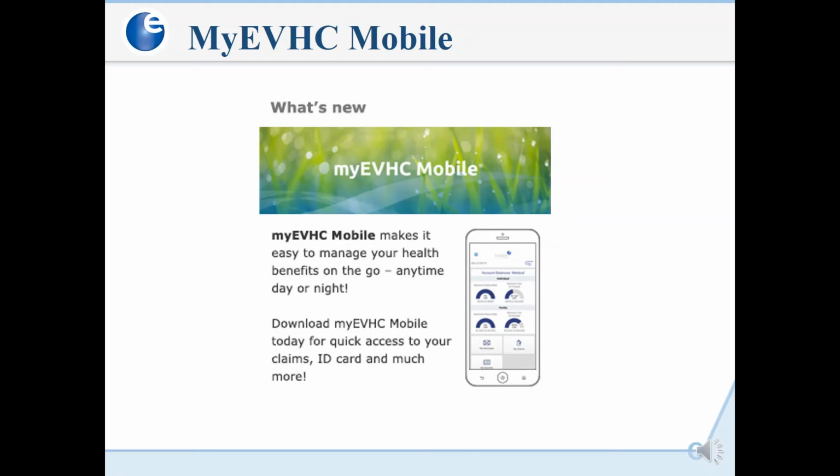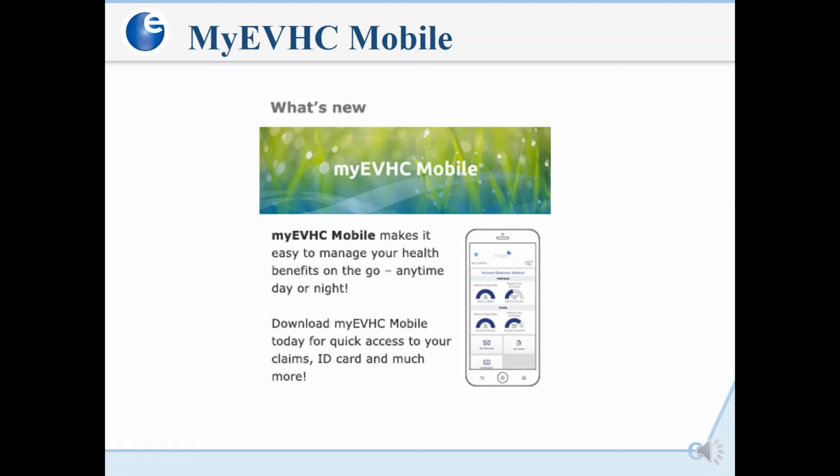Evolution Healthcare also has a mobile app for all iPhones and Androids. Simply go to the App Store and type in MyEVHC Mobile and look for the Evolution logo. Download the app, and if you've already registered on our main website with a username and password, you can access the mobile app using that information.